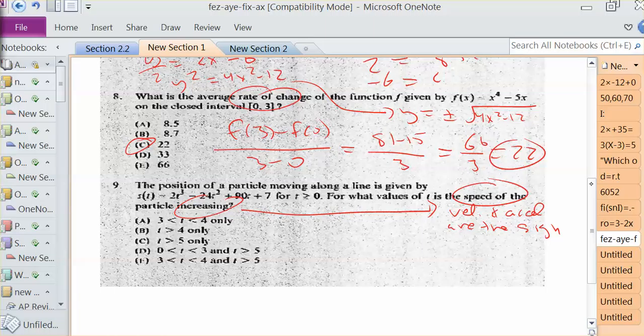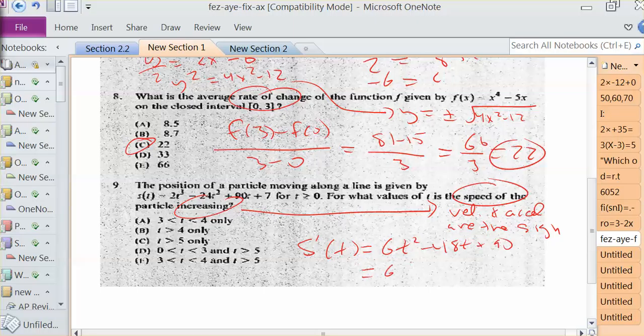Number 5 is going to take a little while because we have to do a first derivative, a second derivative, and a sign chart. So this is something you may want to come back to later. You have to be selective with what you choose to do in the beginning. S prime t is 6t squared minus 48t plus 90.